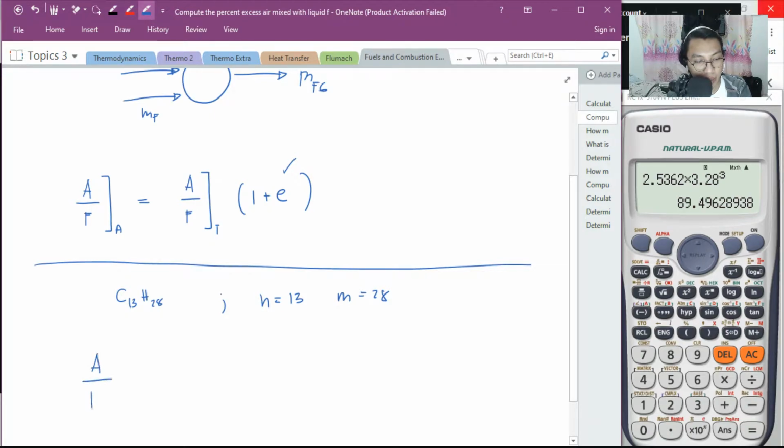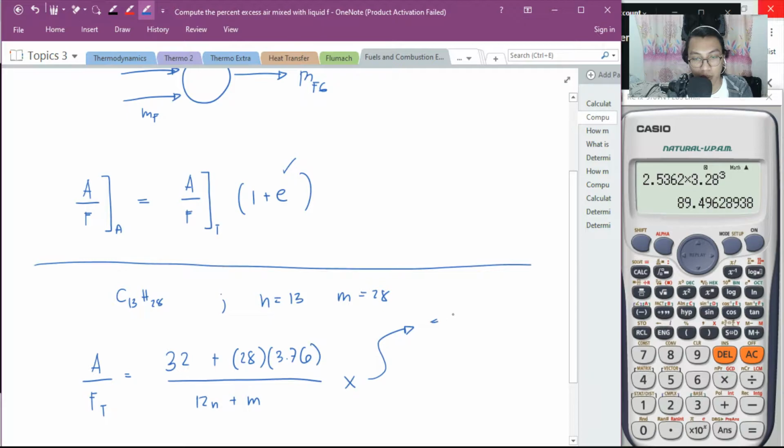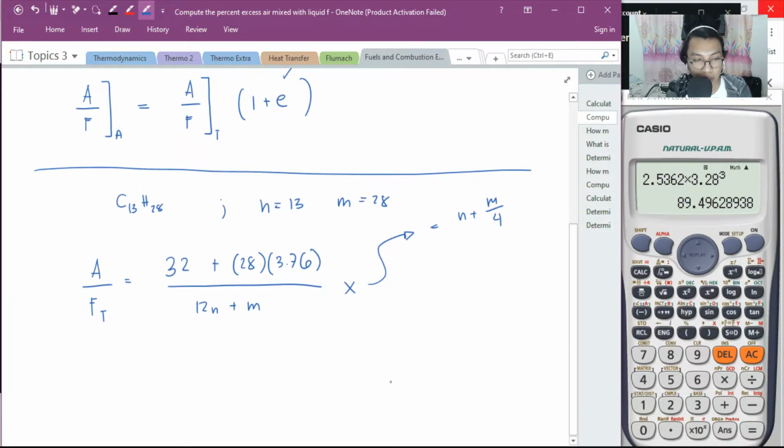The air fuel ng theoretical, that is equal to (32 plus 28 times 3.76) divide by 12N plus M, multiply to X. Ano yung X, sir? Di ba ang X is equal to N plus M over 4? Very basic.